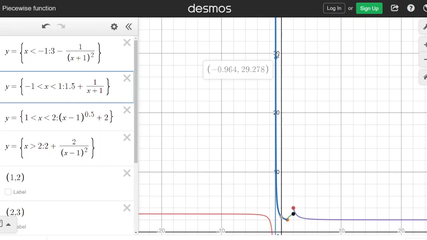Again, I want to repeat the behavior of the function as x gets closer and closer to -1 from the right. As x approaches -1 from the right, the function values get larger and larger positive. Can be as large as possible, as large as can be. And then we say the limit.